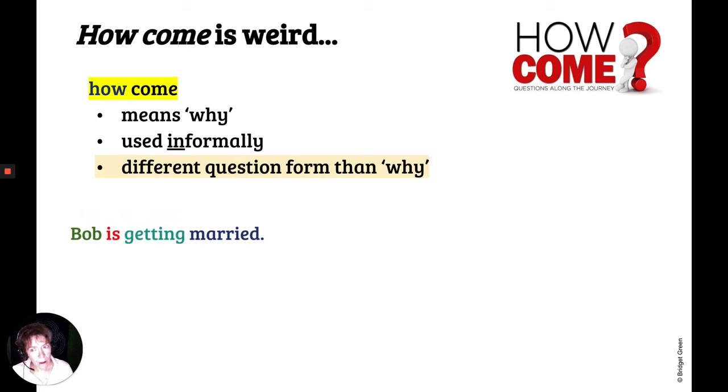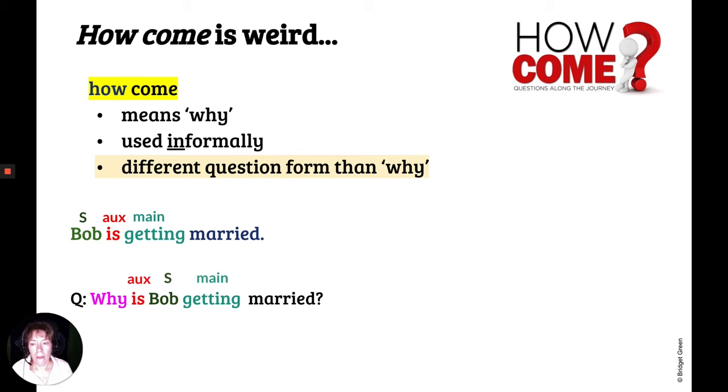Here is this auxiliary, and there's the subject, Bob, and the main verb. Now, in order to make a yes-no question, you just flip those, right? So, why? We're going to flip the subject and the auxiliary. Why is Bob getting married? You know that. That is the flip and then add WH to the beginning, right?